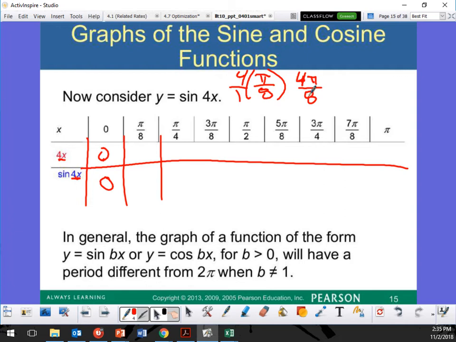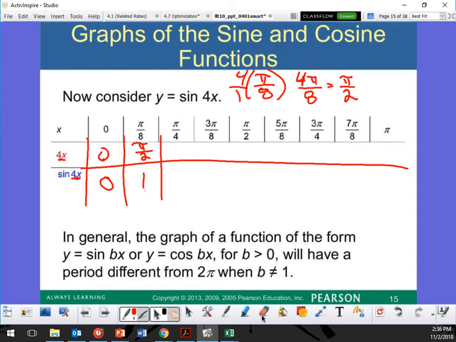I could reduce those by a 4, to be what? Pi over 2. Okay, so now this number here is going to be pi over 2. So find the sine at pi over 2. 1. There we go.